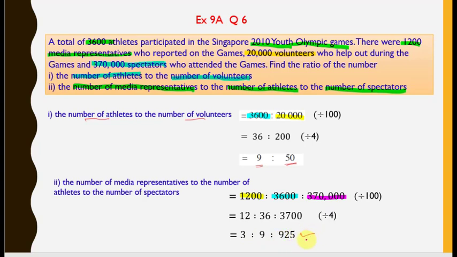Now that is our answer. This shows the ratio between the number of media representatives, which is 3, to the number of athletes, 9, and the number of spectators is 925. So that is the answer of question number 6.